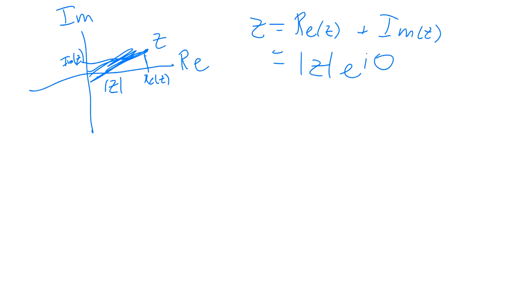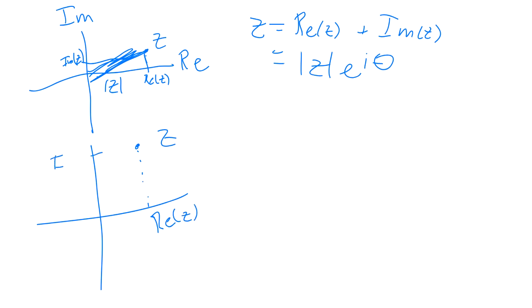Let me redraw this axis again. Make z up here. This is the real part of z. That's the imaginary part of z. Gosh, it is hard to draw a straight line, apparently. Who did that?